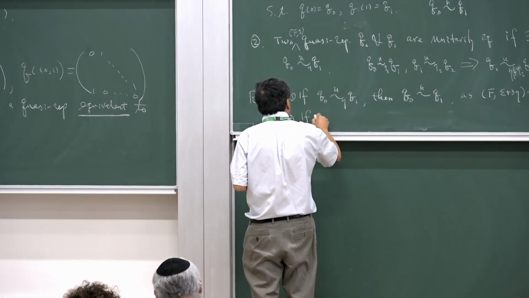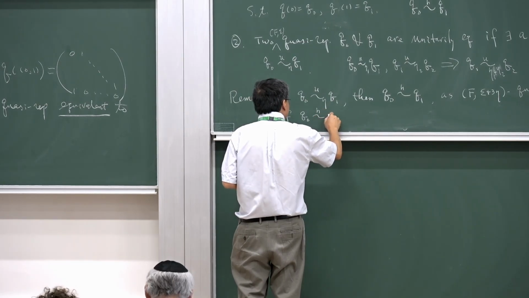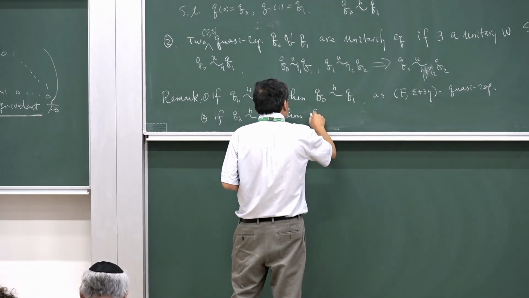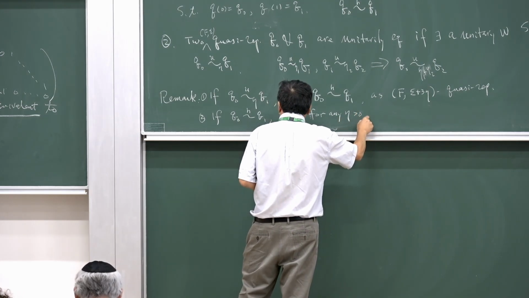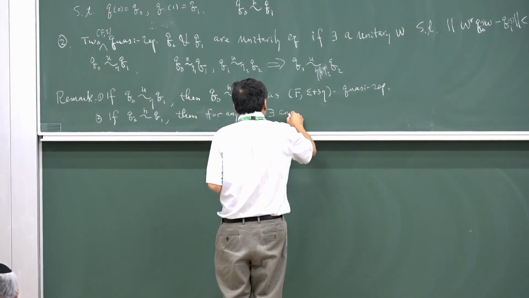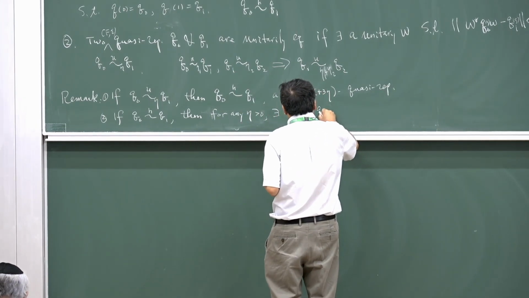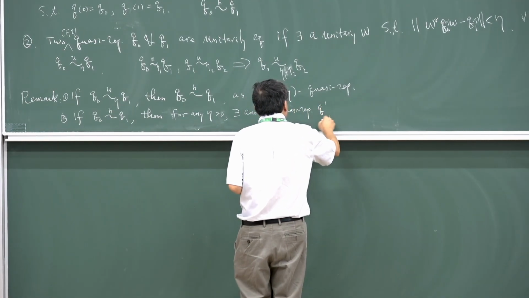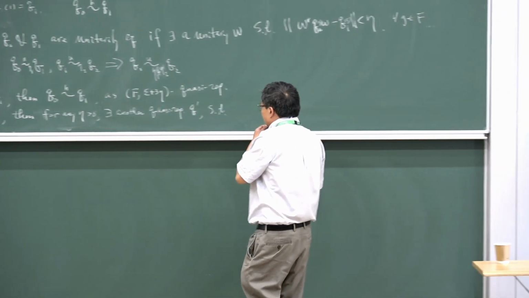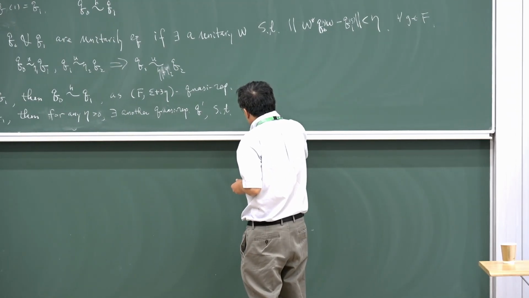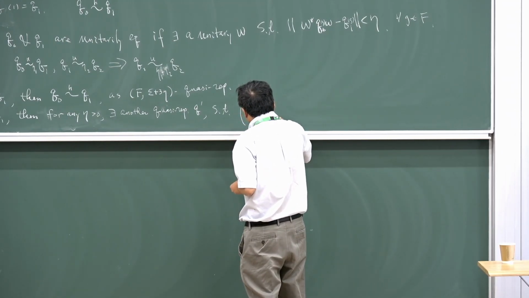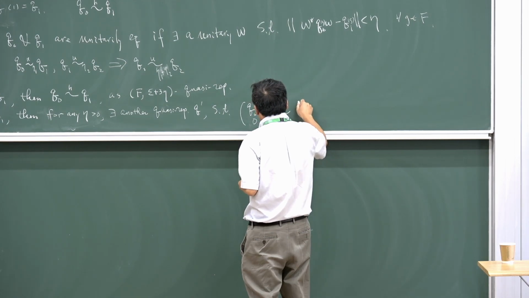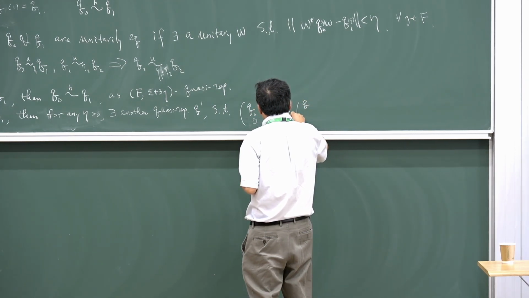Second remark is that if two things are homotopy equivalent, then for any eta, no matter how small, there exists another quasi-representation Q prime such that Q0, so just stably, if I enlarge this by Q prime, is going to be unitarily equivalent to Q1 with eta.